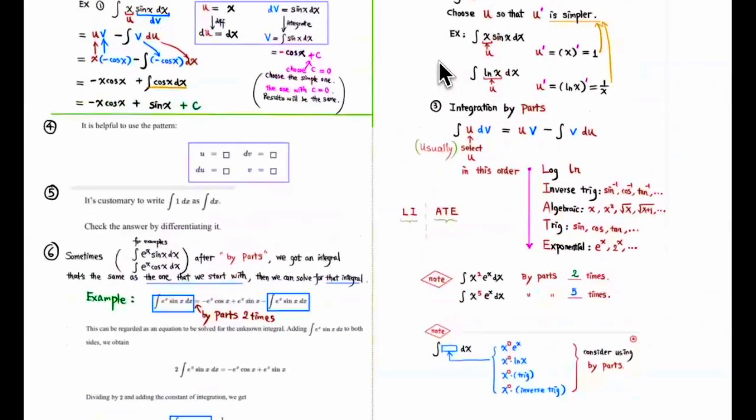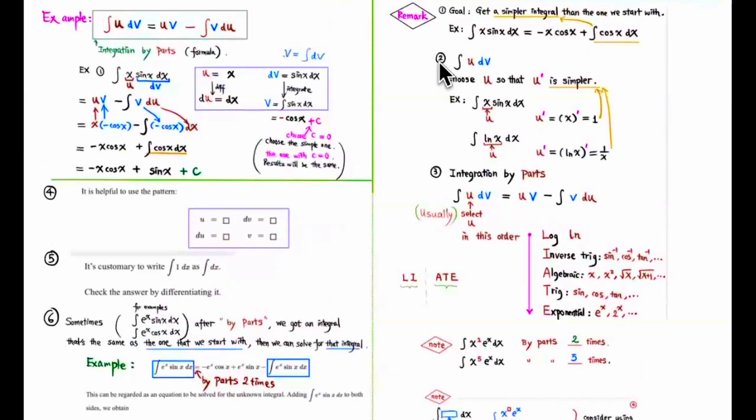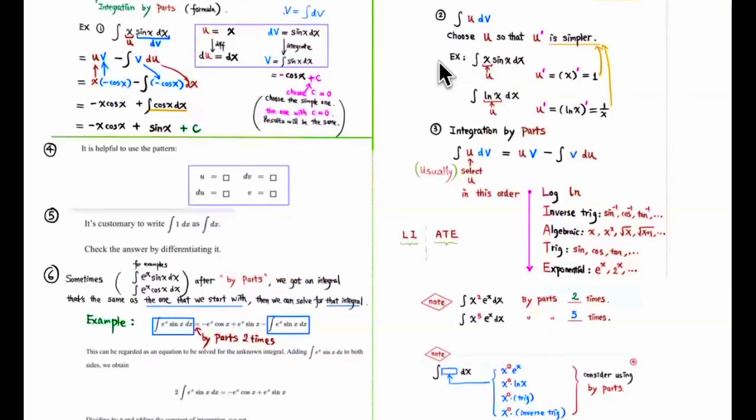And I also went over the trick of how to choose u. You want to choose u so that the derivative of u is simpler, or at least not more complicated. A lot of the time you can try to use the LIATE rule. You can choose u going down this priority. If you have a log function, you let u equal that first.